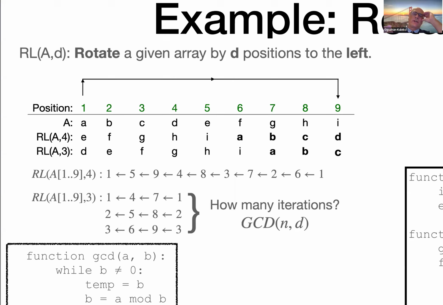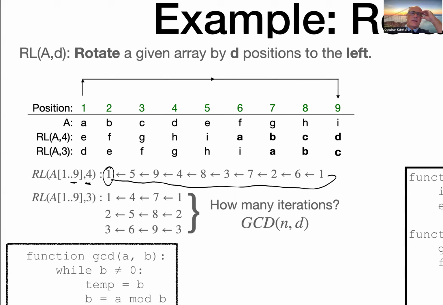With further investigation, you understand that that is because 9 and 4 are relatively prime. That means whenever you start from a position, you will hit the same position only after visiting all other elements.